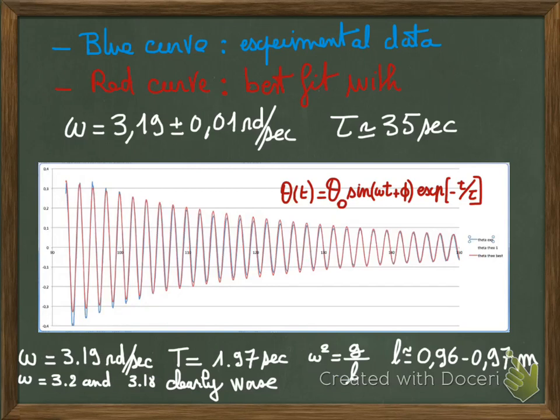So we have a period of about 1.97 seconds at best, and a length of the pendulum of about 0.96, 0.97 meter, which makes sense when you look at the cable of the iPhone we have used. It's rather amazing to see how well that can be described.